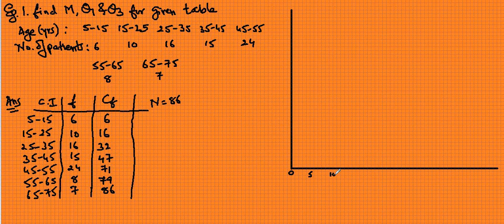Here I'll put 15. What I am doing is taking 10 as the unit, because between 5 and 15 there is a difference of 10, so I don't want to take that one. So here 10.